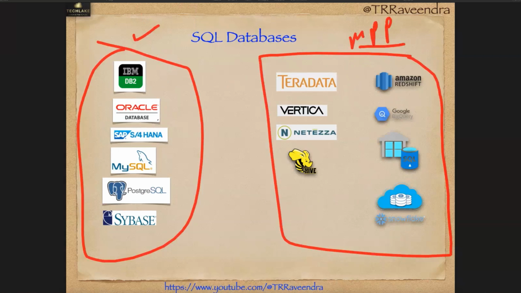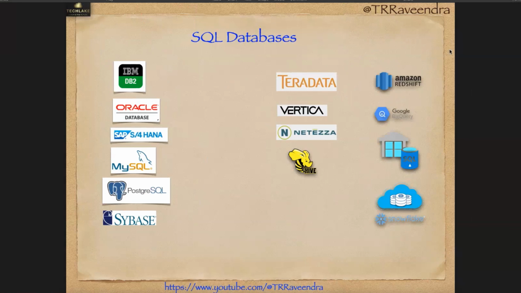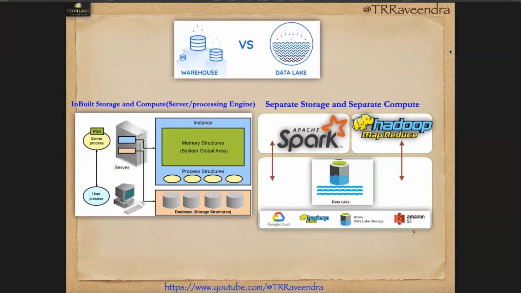So before that, I need to give some other information. At a high level, when we compare data warehouse and data lake, any database, maybe an OLTP database, online transaction processing database, or an OLAP database, means data warehouse.